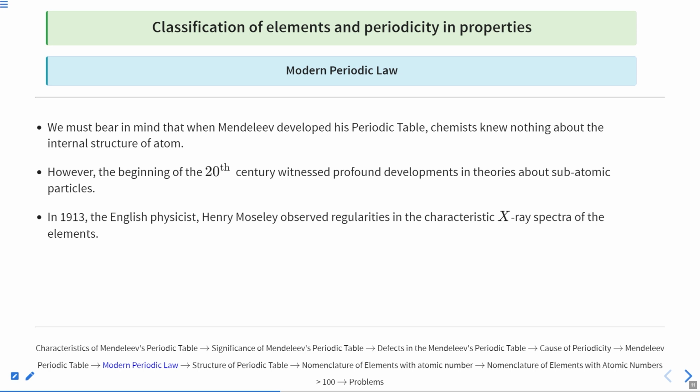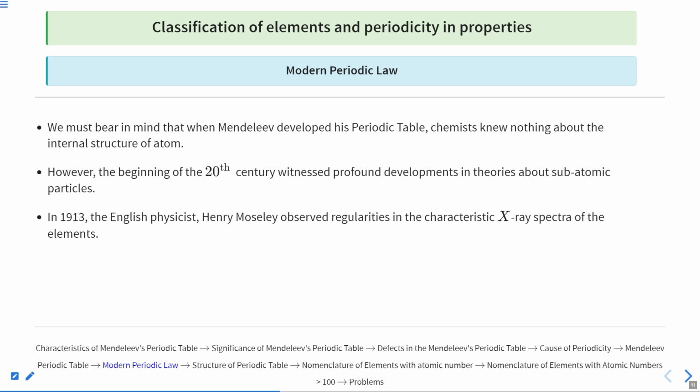We must bear in mind that Mendeleev developed the periodic table at a time when nothing was known about the structure of the atom, meaning there was no insight into the structure of the atom. However, in the beginning of the 20th century, there was a profound development of theories about subatomic particles.